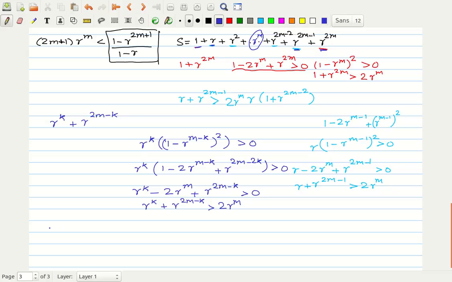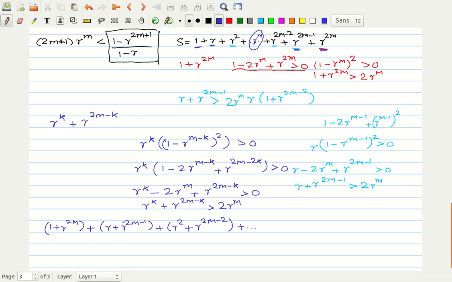So 1 plus r to the power 2m is one pair, plus r plus r to the power 2m minus 1 is the second pair, plus r squared plus r to the power 2m minus 2 is the third pair, and so on.